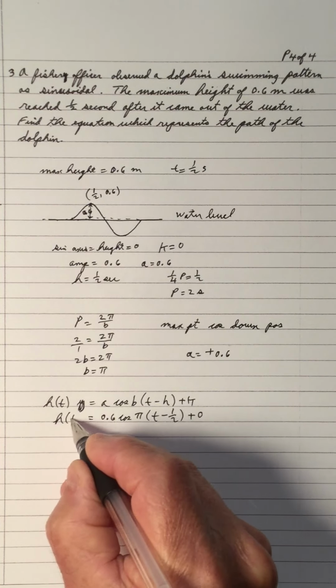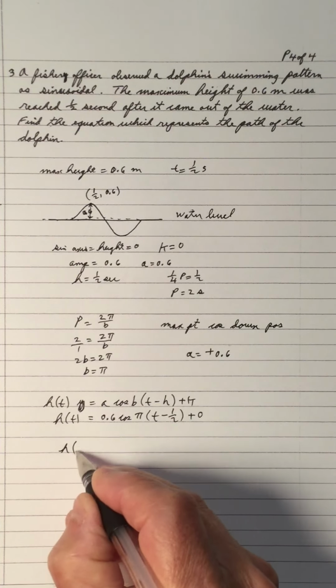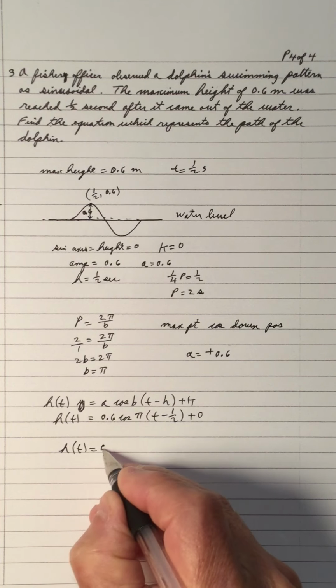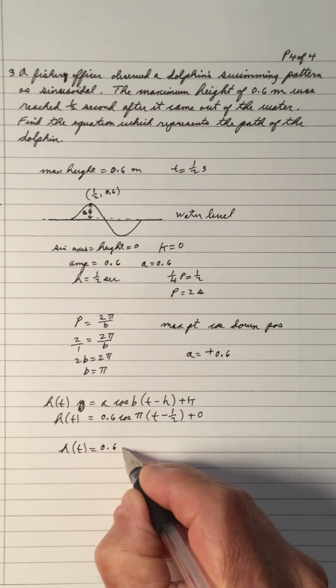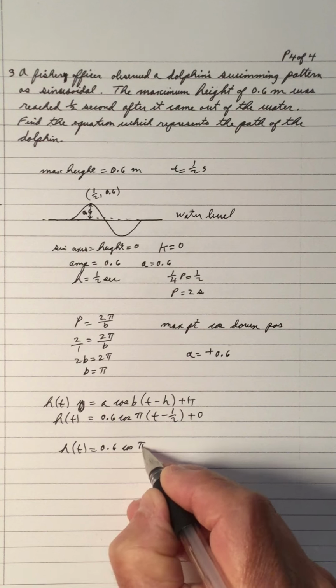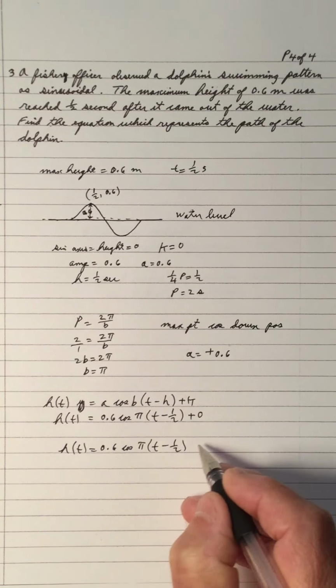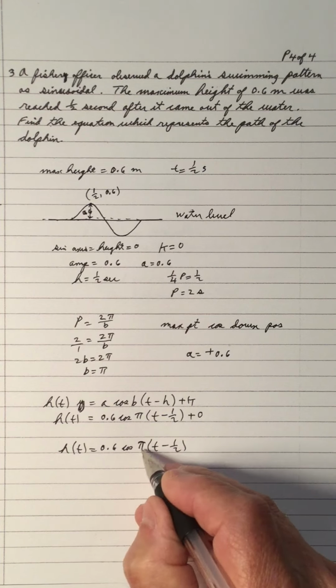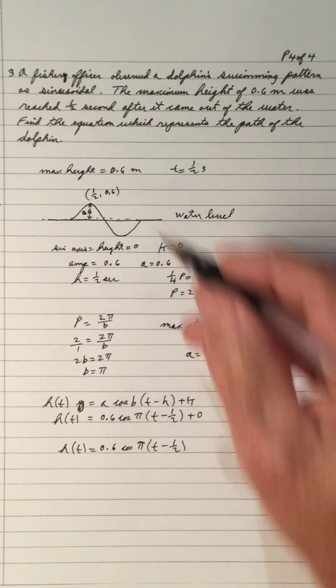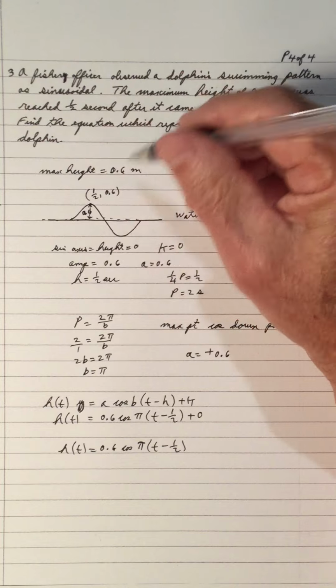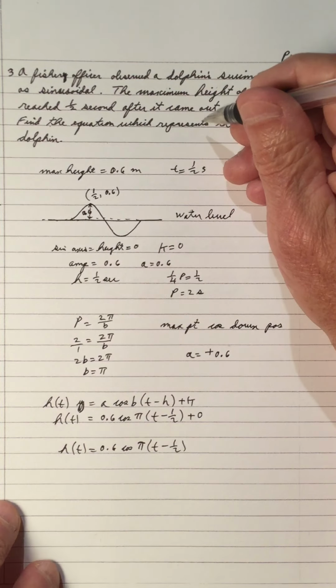So the final equation, simplified, is h of t equals 0.6 cos pi(t minus a half), plus 0, and we don't put the 0 in. So that's the equation to represent the swimming pattern for the dolphin.